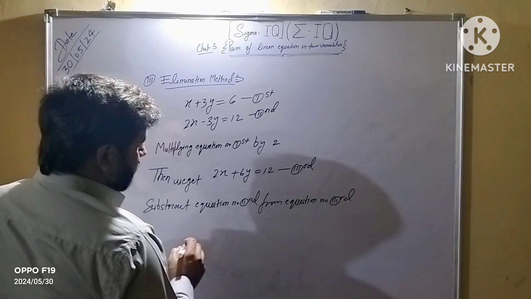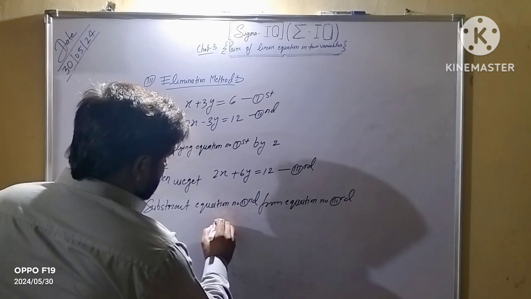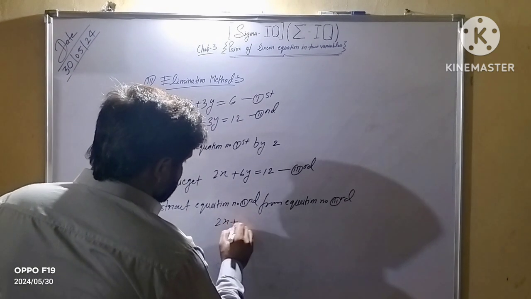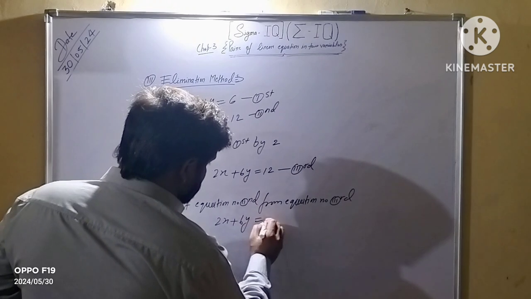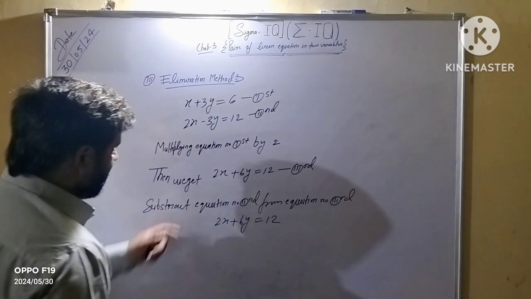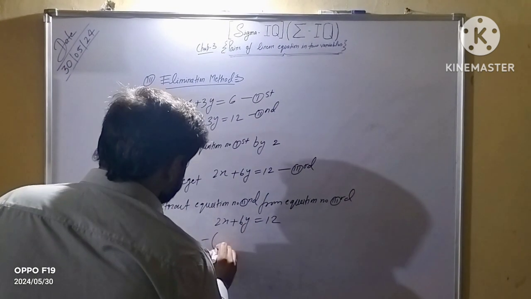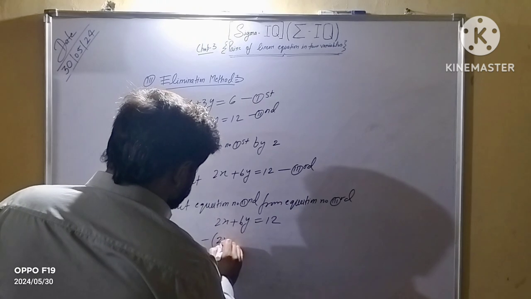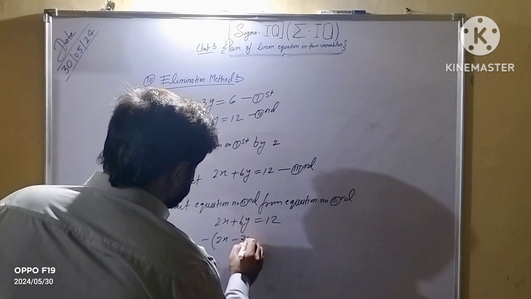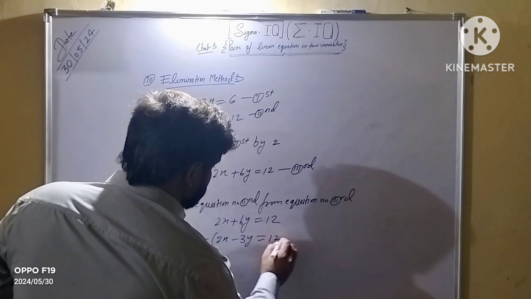So right here, equation number third, 2x plus 6y equal to 12, minus equation number second, 2x minus 3y equal to 12.